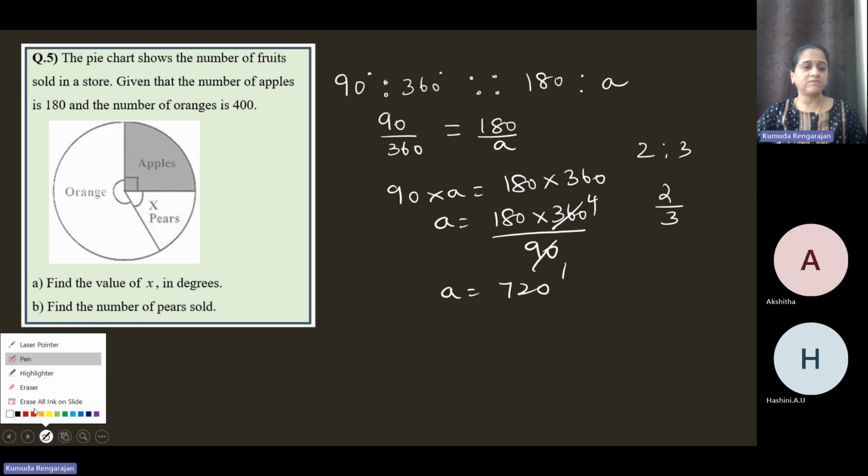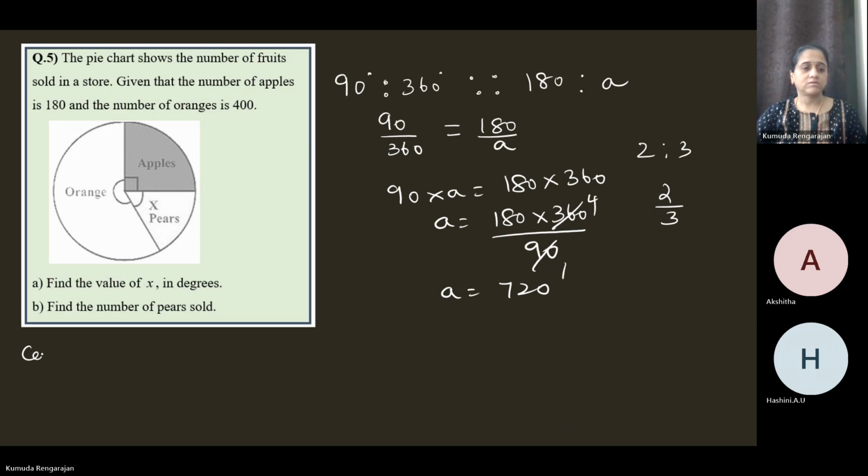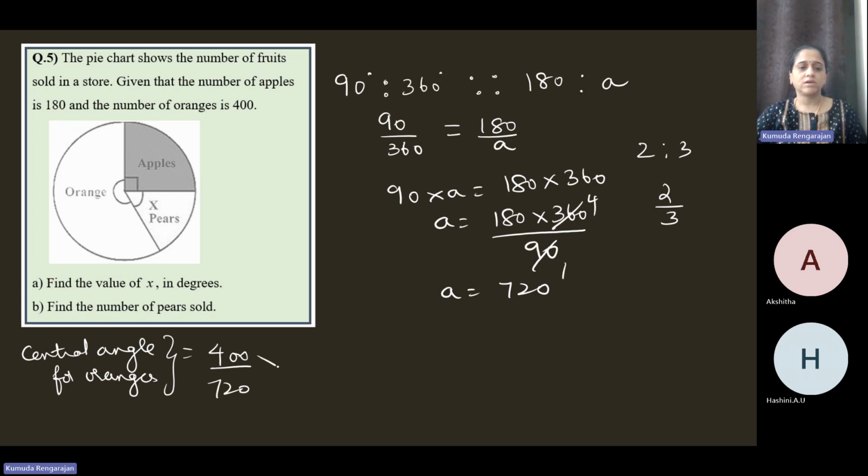So the central angle for oranges is equal to the number of oranges by the total number of fruits, into 360. So it is 200 degrees.